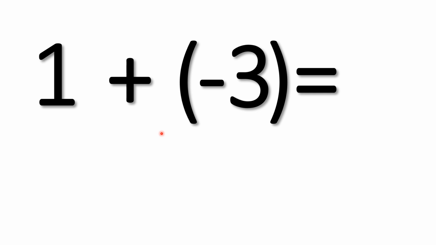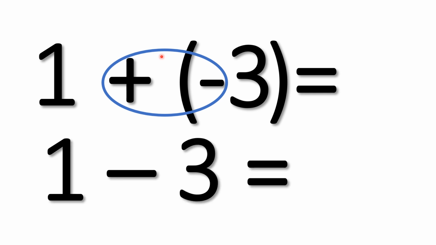From what we did in the previous slide, here I can change these 2 signs into one, which is negative. So a positive next to a negative sign, I can replace them by negative, minus. So now I have 1 minus 3.